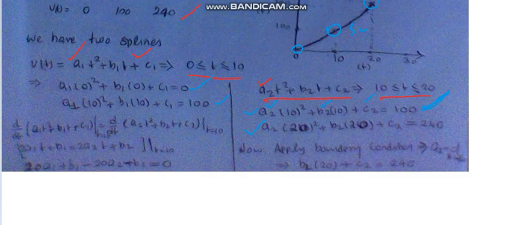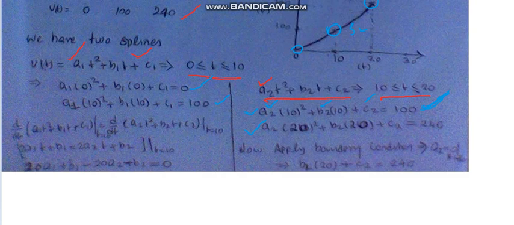But we have two splines here, and in this case we have 6 unknowns, that is a1, b1, c1 and a2, b2, c2. So basically we have two splines and 6 unknowns.